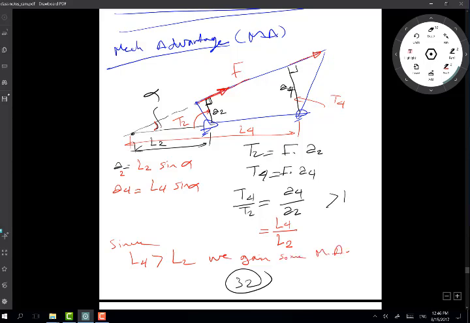So the linkage has a mechanical advantage, because it amplifies the input torque before it transmits it to the other end, and you expect this from a linkage, just like a set of levers arranged together.